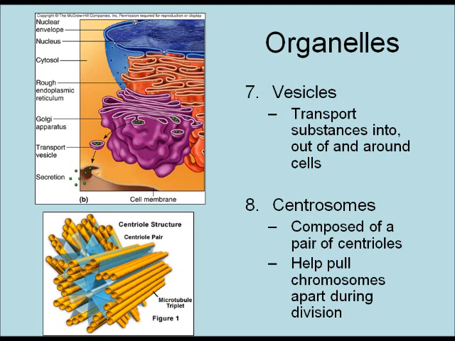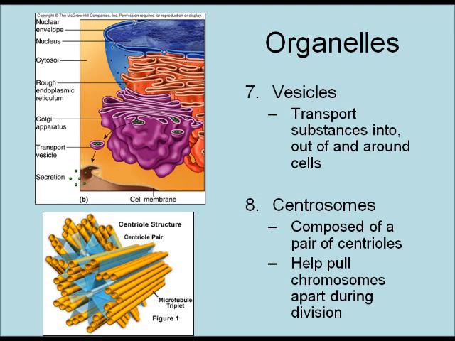So if you guys remember from your labs, okay, one of the things that starts to happen in prophase is we get production of this structure which is known as the mitotic spindle. And the mitotic spindle starts to spread and extend towards our chromosomes that are located in the center of the cell. Well, what that mitotic spindle is actually formed from are the centrioles.